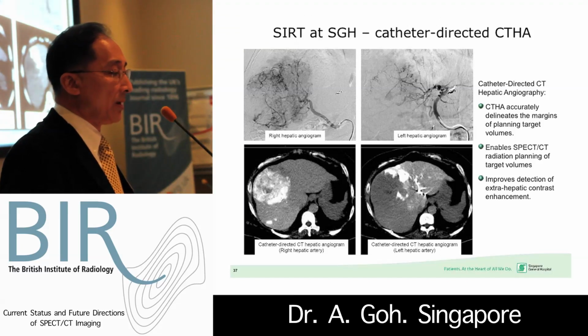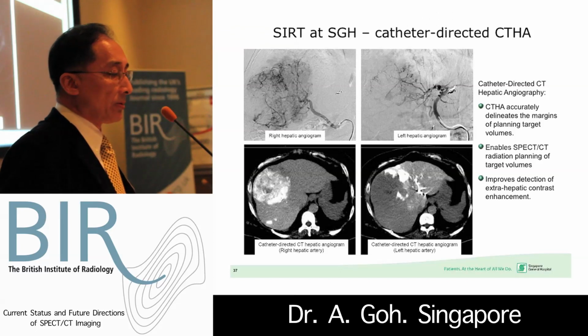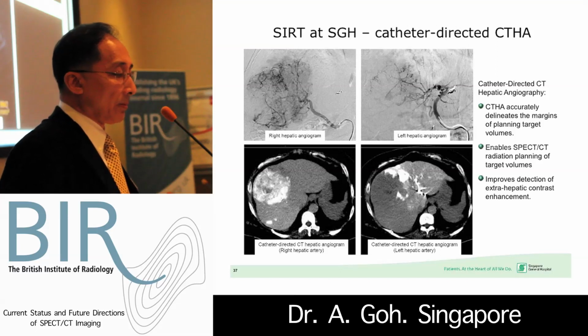This is a patient with a large tumor and the left and right hepatic arteries, each supplying different portions of the tumor. And we draw, okay, let me show you, the region of interest guided by the CTHA for each lobe of the liver.